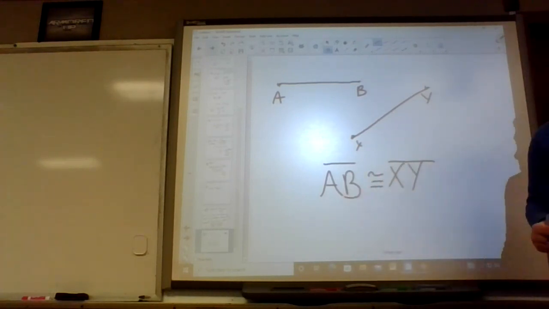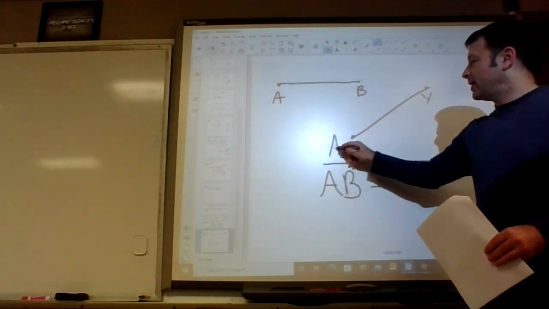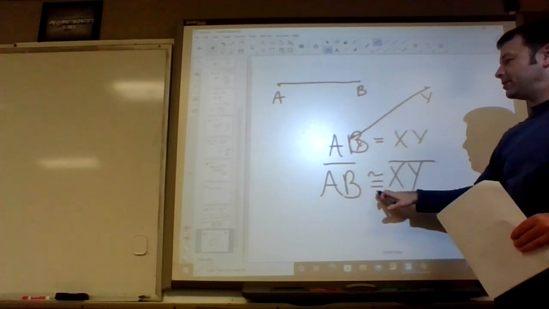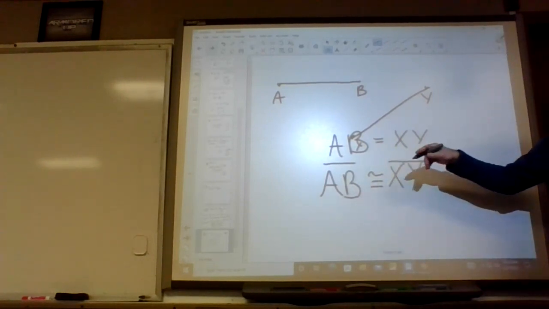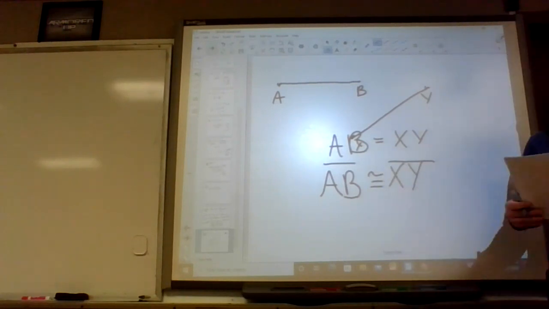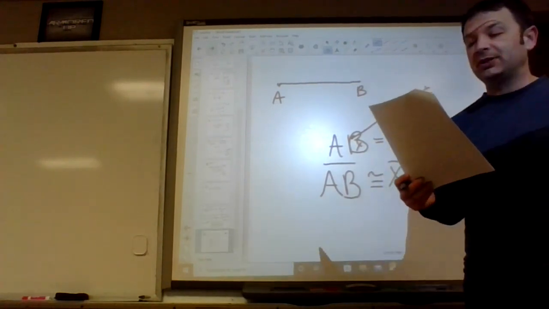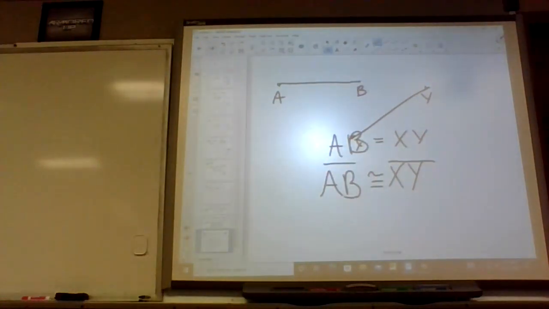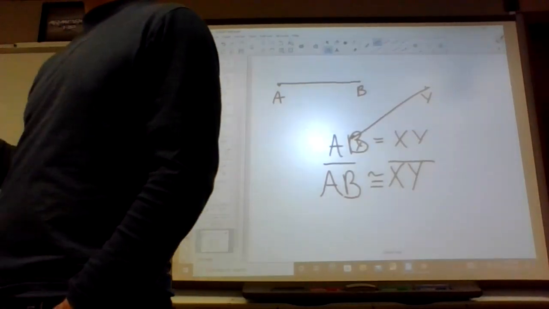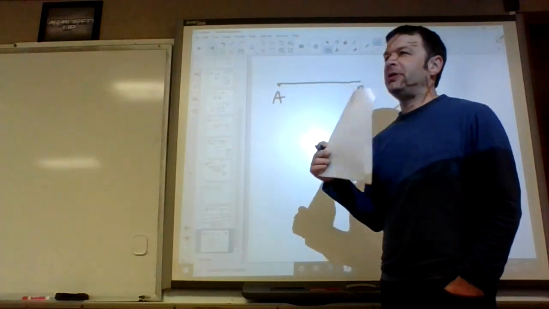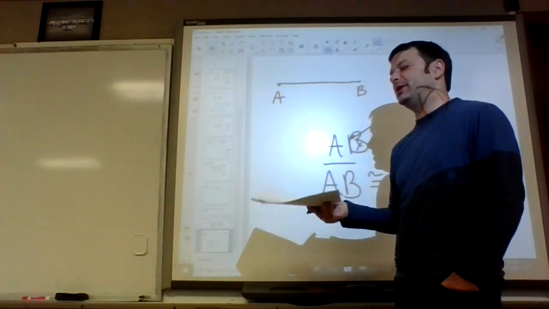I usually skip this, saying AB equals XY and then they're congruent, or if they're congruent then the lengths are equal, because it's a little too obvious. I don't usually do that, but the book does. Like one McDonald's can be congruent to another McDonald's, but they're not equal, because equals is for numbers. They're congruent because they serve the same stuff, or maybe they make the same amount of money.